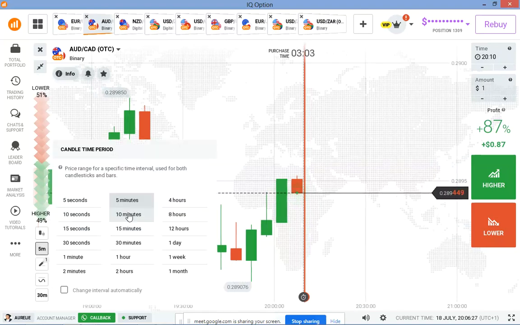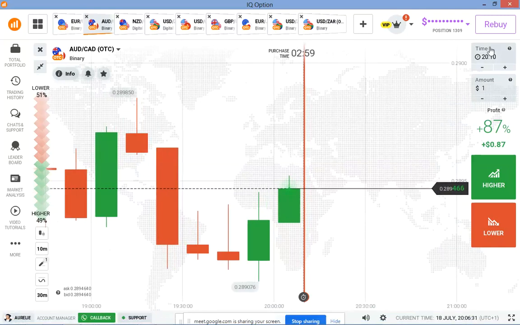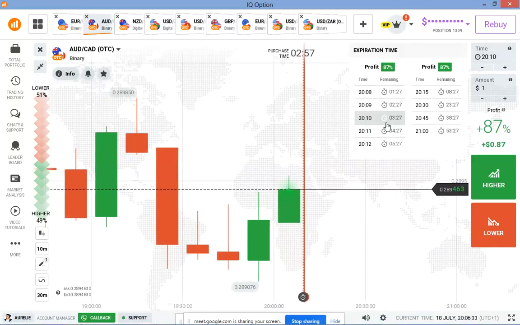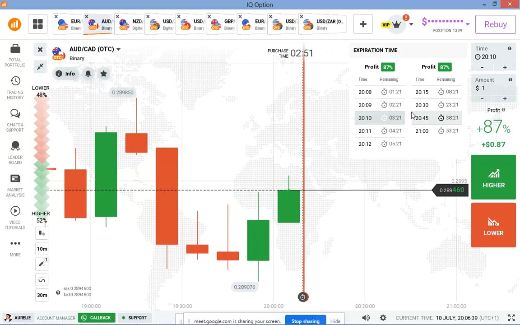If I'm using 10 minute expiry time, that will be starting from 0, 10, 20, 30. Like now, if I started from 0, the next expiry time will be 10.